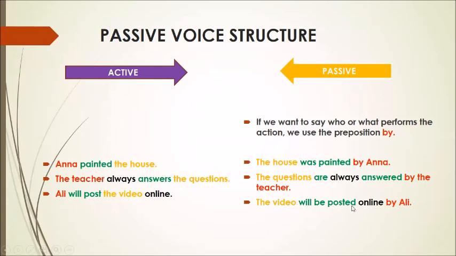The video will be posted. The house was painted by Anna if we want to mention who did this action. The questions are always answered by the teacher. The video will be posted online by Ali. If you want to mention it, you use the preposition by before the person.